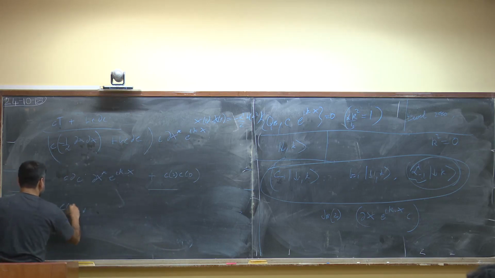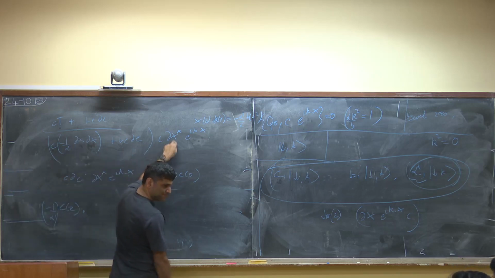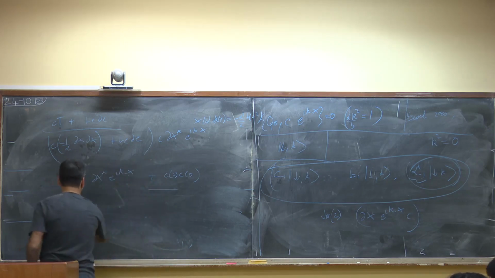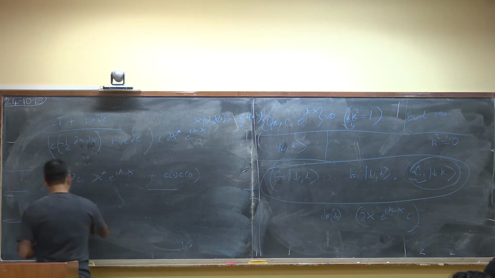Yeah. C of z minus 1 by alpha prime C of z. Now let's contract this with this. That gives x with x, so that gives minus alpha prime by 2.